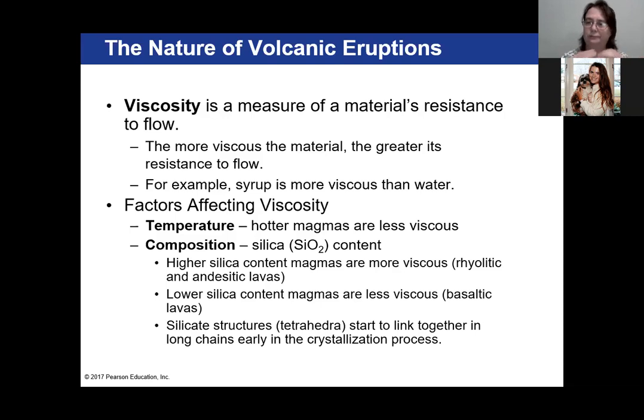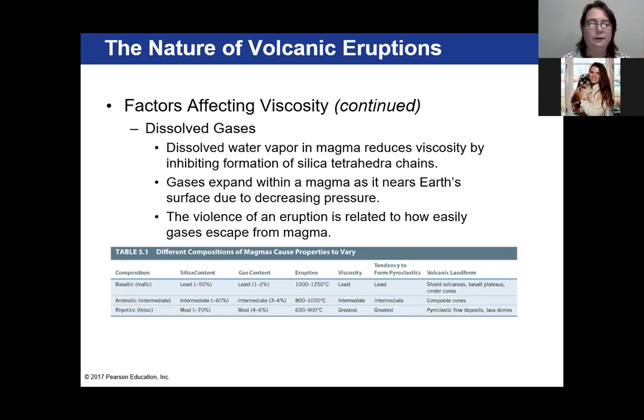There's more in contact with each other, and they start to crystallize, which impedes how the magma flows and erupts. Dissolved gases, so then there's a little chart down there. Water vapor reduces viscosity, so it makes it flow more easily, so it does not allow the silica tetrahedra to chain up as easily.